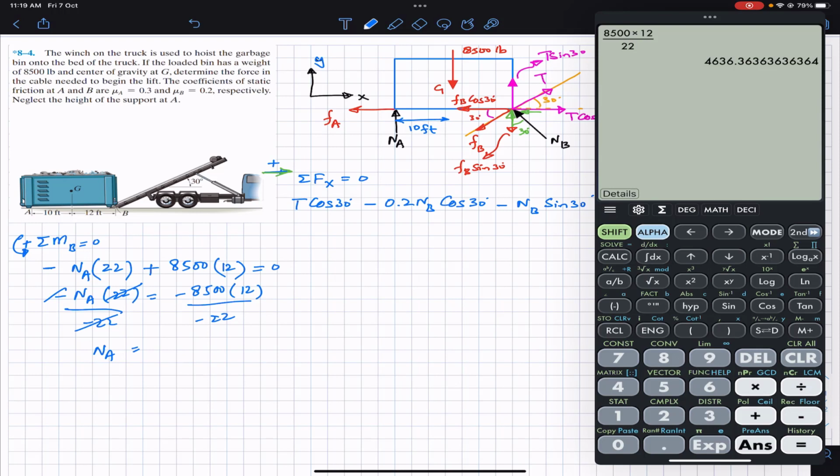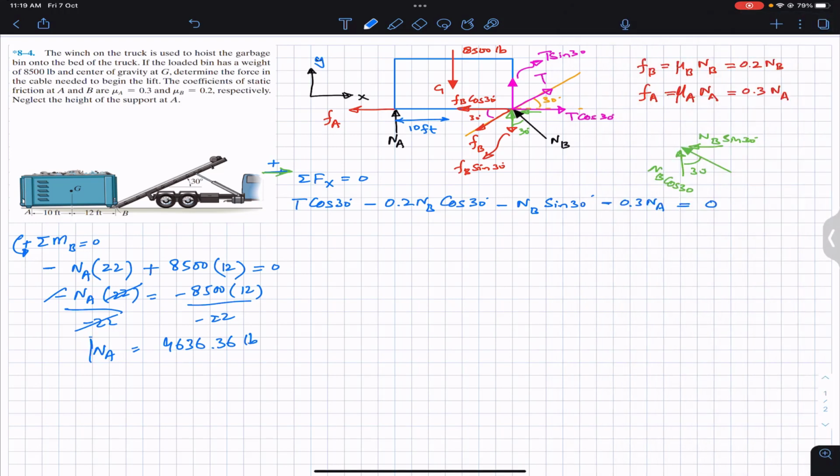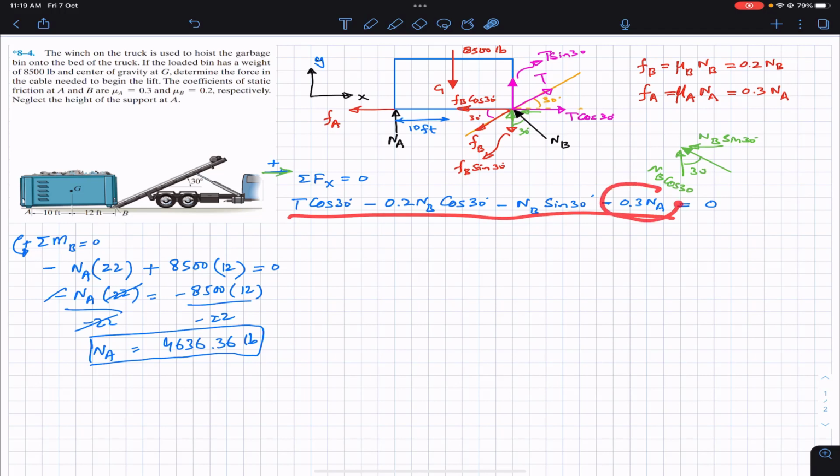So we get 36.36 pounds. So we get the magnitude of NA. Now this will make our life easier, since in the first equation we will have two unknowns. Now we know NA, so I will plug in that value.